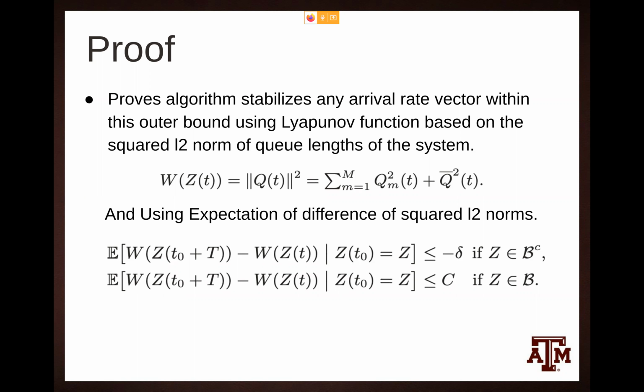Without going deep into the mathematical proof, I will state a few highlights of the proof. The paper uses the squared L2 norm of the queue length as the function, which is expressed in this first equation. And then using the expectation of the difference of the squared L2 norms, the second equation, it proved that the algorithm lies within the outer bound.